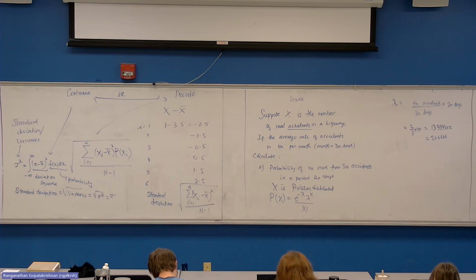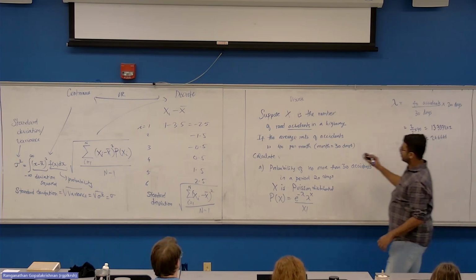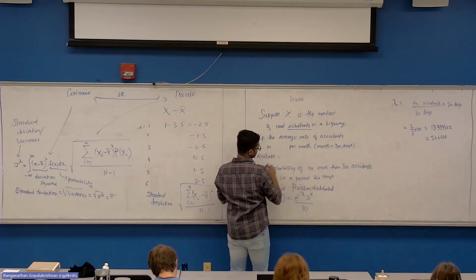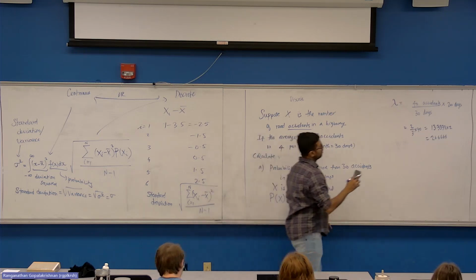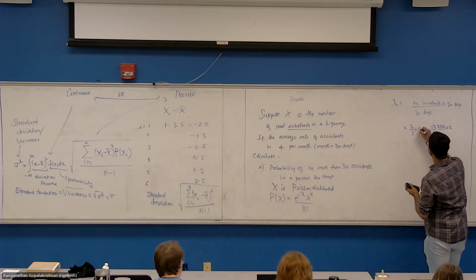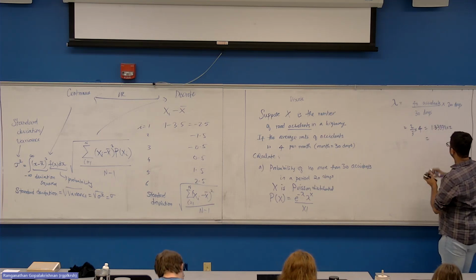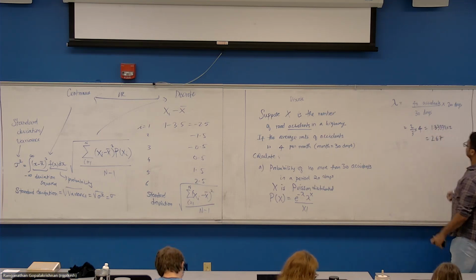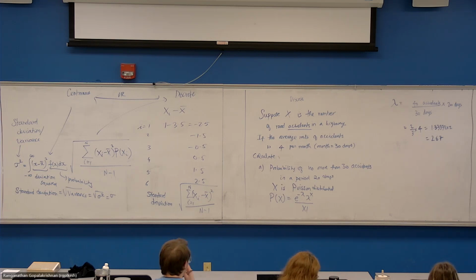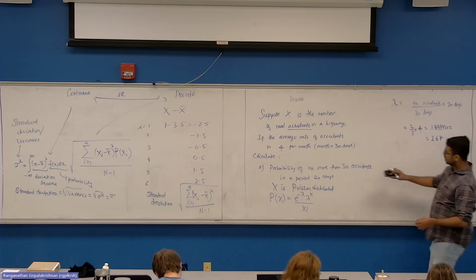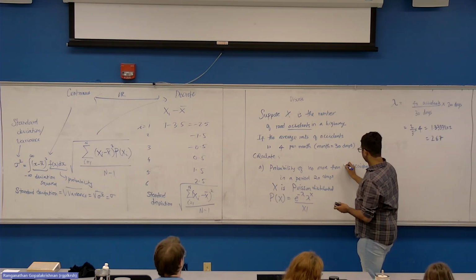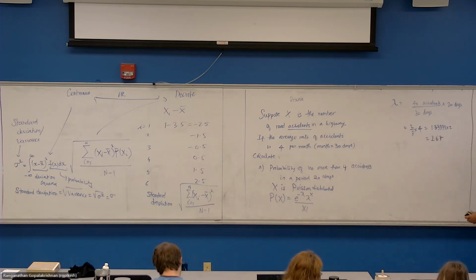So lambda is 26.6666. I think maybe I keep that number too high, so maybe I should say 4 per month, so that it makes a little more sense. 4 per month, so 2.67 is lambda. And then we'll say no more than 4 accidents in a period of 20 days.